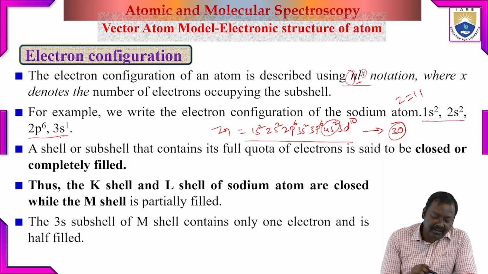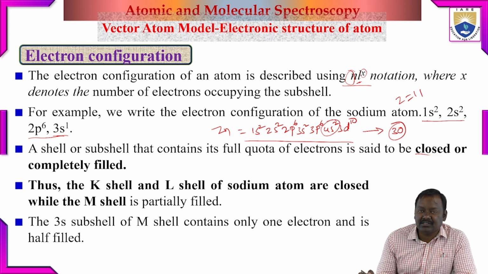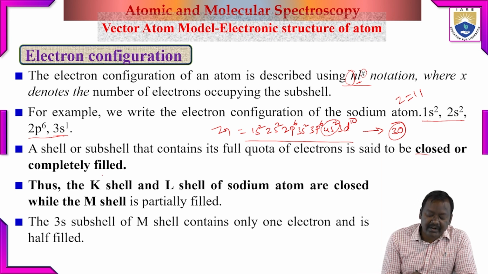And again, the third orbital s is not completely filled. The outermost orbital is also called the valency orbital. If the outermost orbital is completely filled, then it is said to be closed. A subshell that contains its full quota of electrons is said to be closed or completely filled.